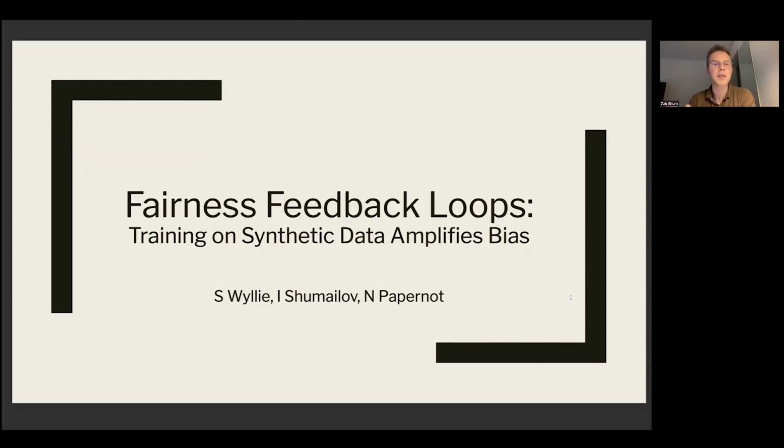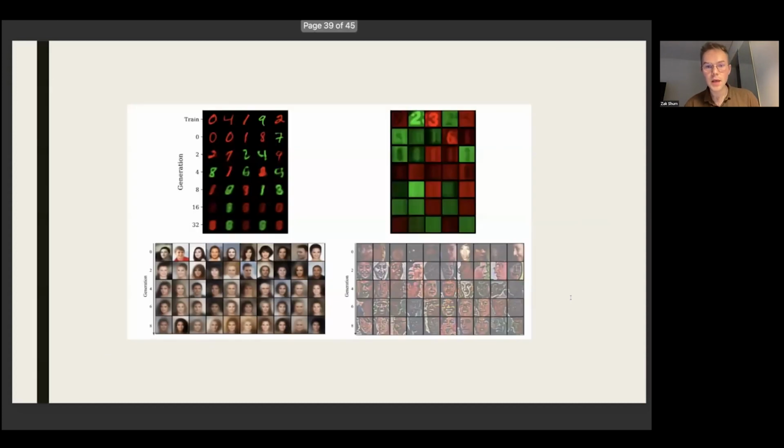Well, can we quantify this? Can we quantify how misrepresented the minority classes actually get, how they are affected? And so this led to a work from Ilya and his collaborators on directly trying to quantify this.